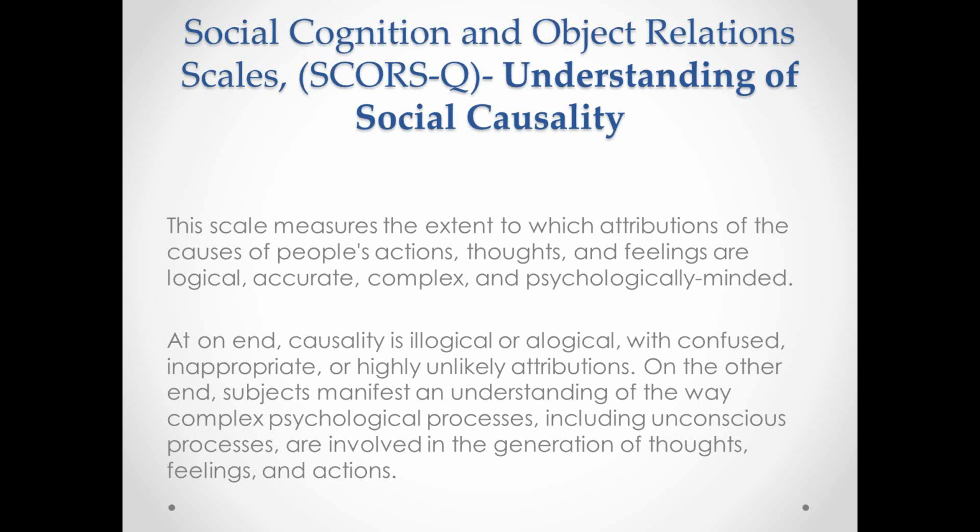In these cases, the stories don't make a whole lot of cause and effect sense in terms of what happens to the people and why they do the things they do, and the whole plot can seem disjointed. But on the other end, the subjects manifest an understanding of the way complex psychological processes, including unconscious processes, are involved in the generation of thoughts, feelings, and actions.